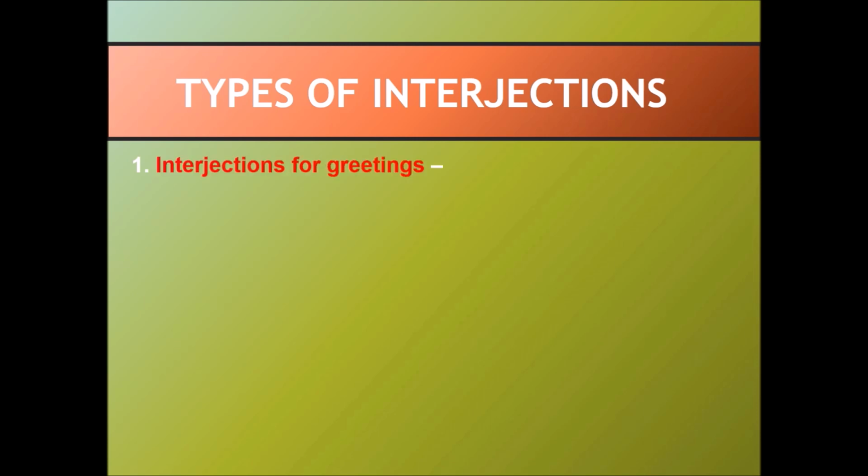Types of interjections. The first one is interjections for greetings. Examples: hi, hey, hello, etc. The second one is the interjection for joy.